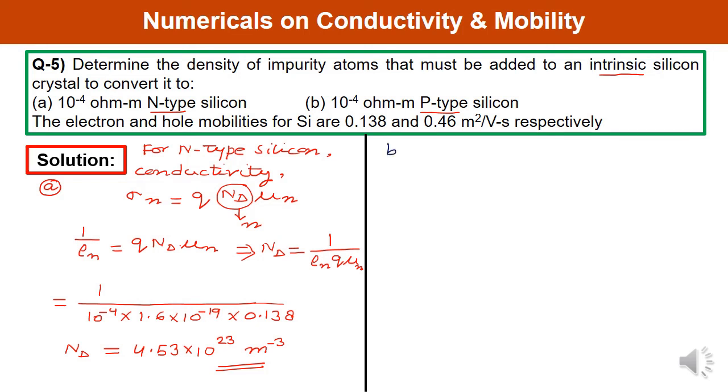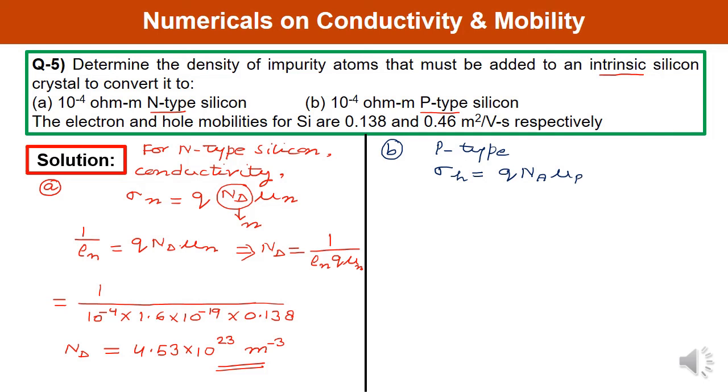Now the second part of this question, here we are talking about p-type. When we are talking about p-type, it means the type of impurity is acceptor impurity, and now the formula for the conductivity of holes will be Q into concentration of acceptor atoms into mobility of holes.